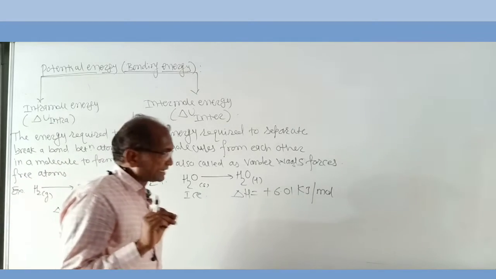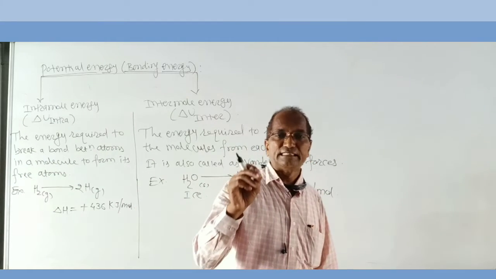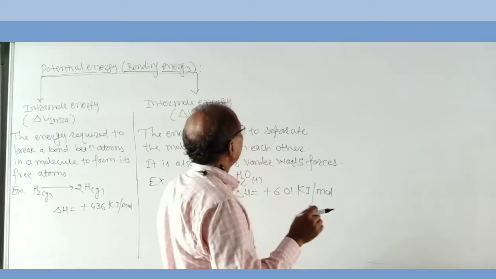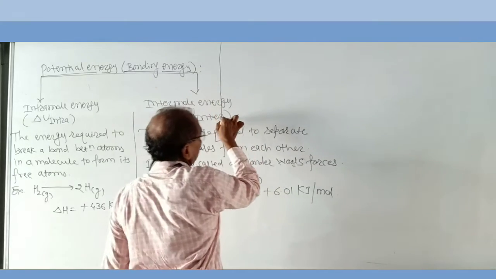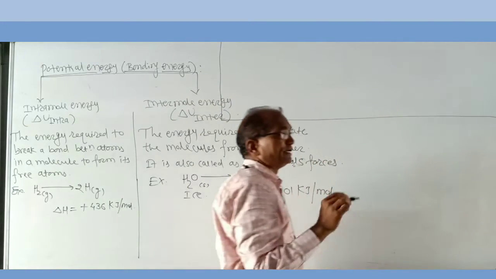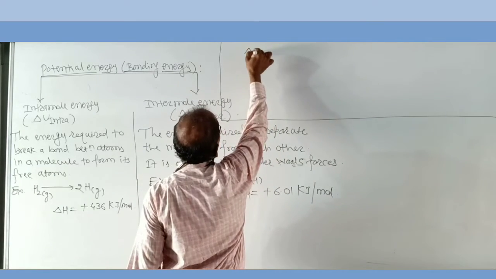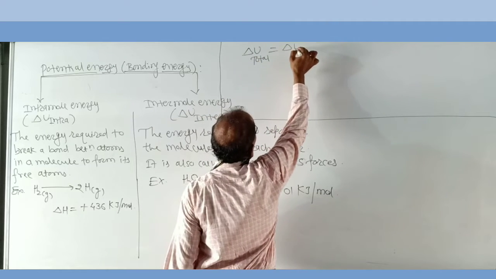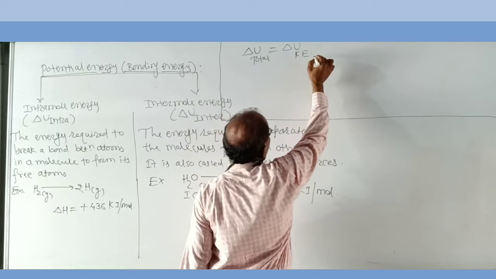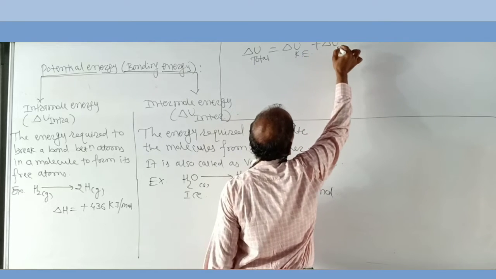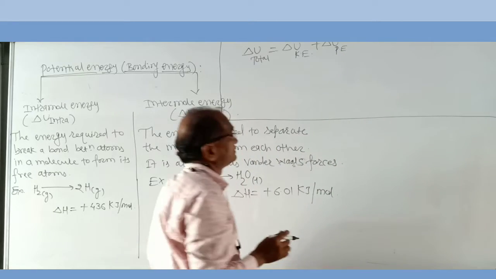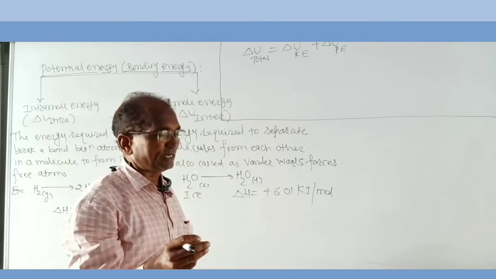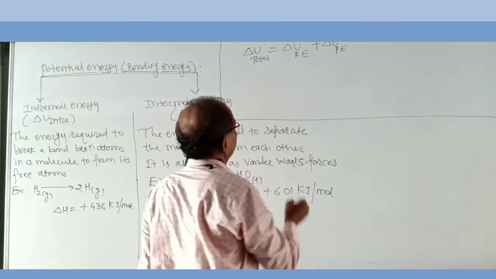Initially, we have seen that the absolute value of internal energy cannot be determined. But the change in internal energy, that is delta U, can be determined. Therefore, delta U total is equal to delta U kinetic energy plus delta U potential energy. Kinetic energy is given by the particles and potential energy is required to the particles.